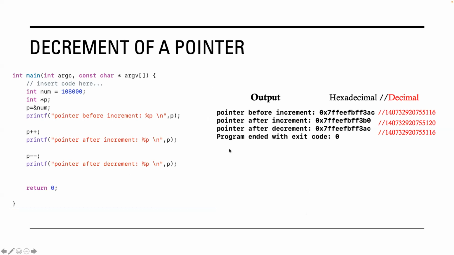So in this example, what I'm doing is first I print the value of p, that means the address of this num variable, and then I'm operating the p++ statement, and then I'm running p--, that means the decrement operator.